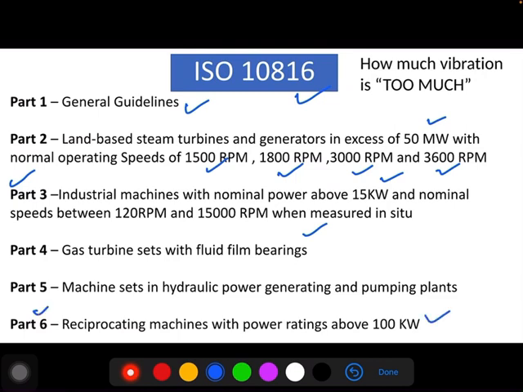All manufacturing industries, such as paper, steel and cement industries, follow mainly ISO 10816 part 1 and part 3. Part 1 is the general guidelines. Part 3 has some criteria that I will explain in the later slides.